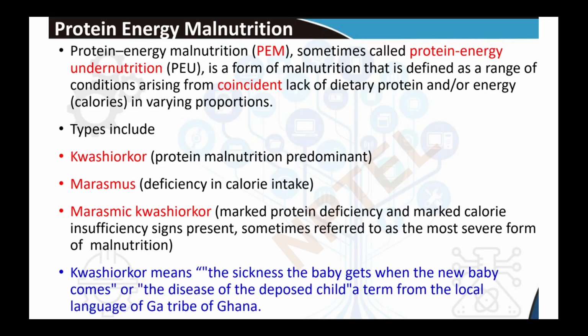Marasmus is the variant where deficiency in calorie intake is predominant. There is a variant called marasmic kwashiorkor which is marked by protein deficiency and calorie deficiency together, and it is sometimes referred to as the most severe form of malnutrition.